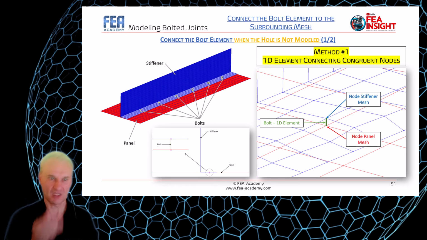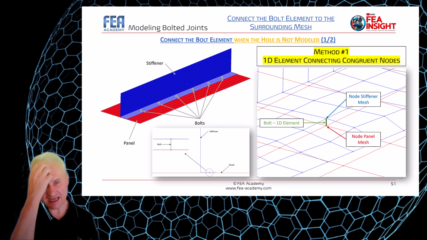Okay? So the first method is a method connecting 1D elements with congruent nodes. By congruent nodes, it means that you install the 1D element between two aligned nodes.